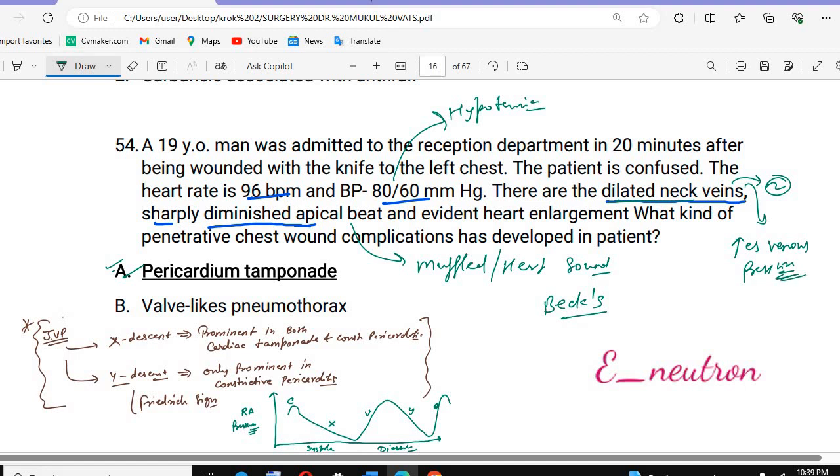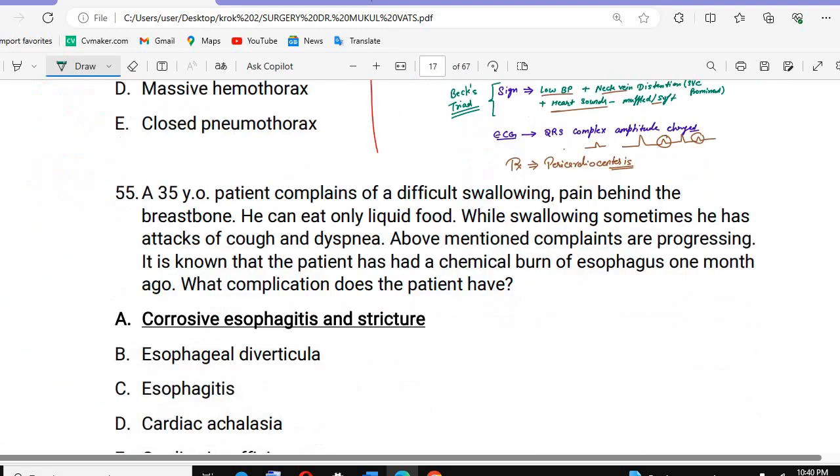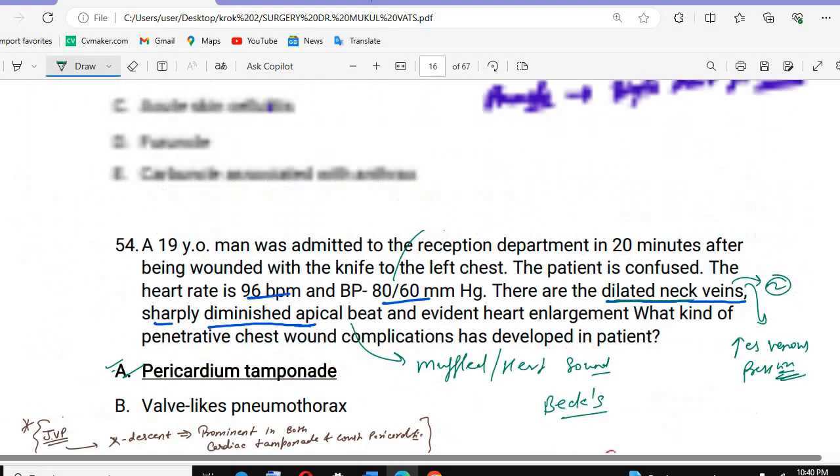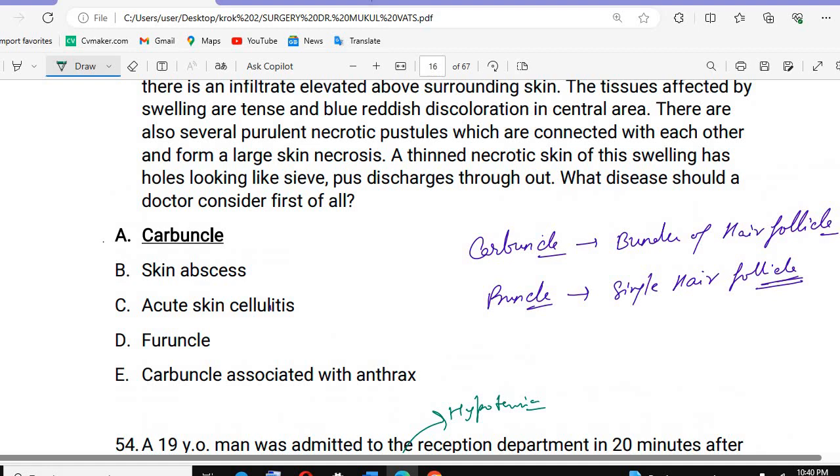So that is the Beck's triad in pericardial tamponade. Then pneumothorax, we already discussed pneumothorax. There will be some similar types of questions. So let's revise those things.